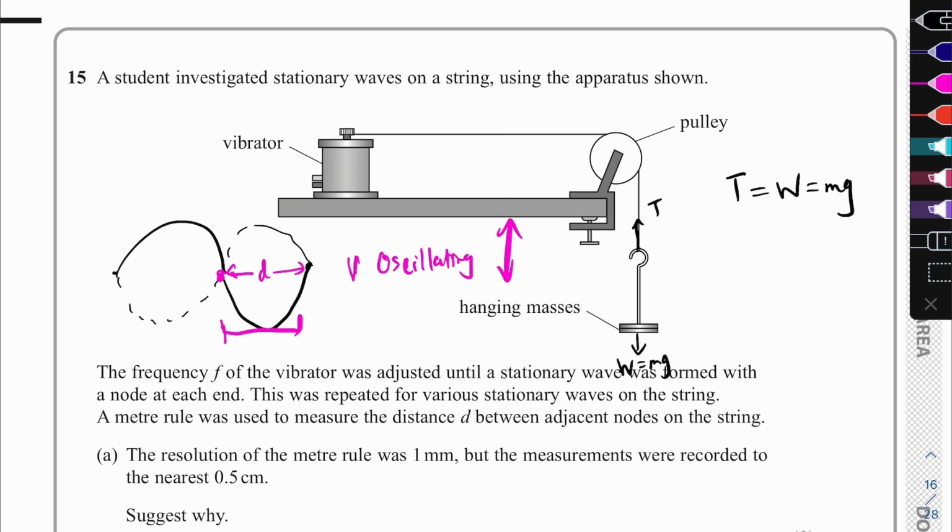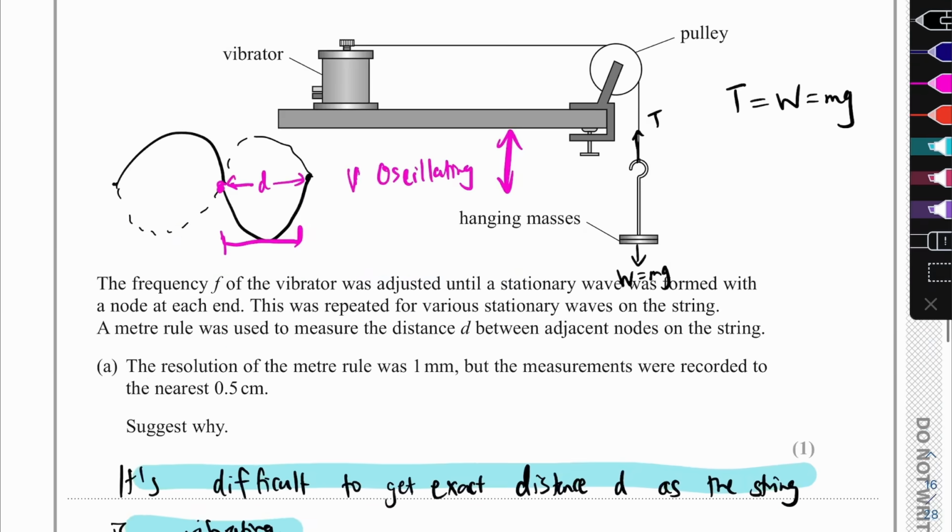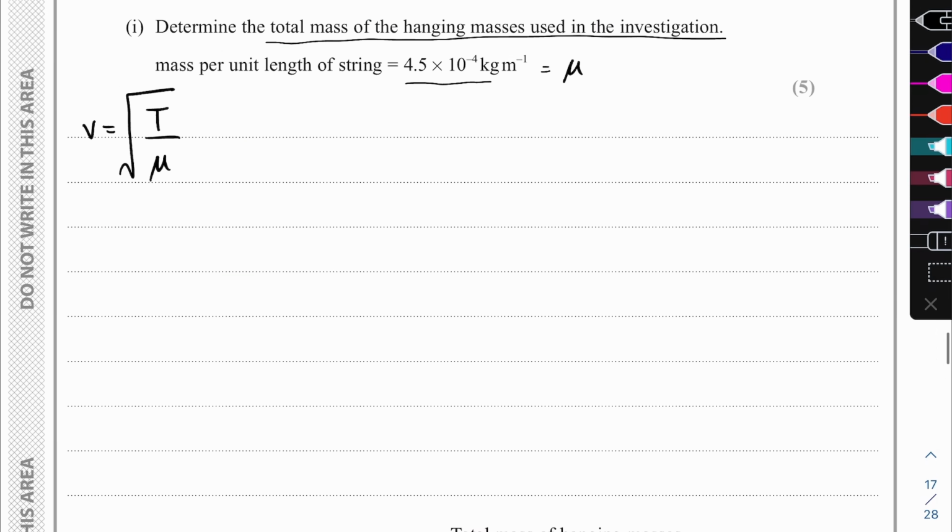So we can now find the mass if we rearrange to find T in the equation. We can say tension T is equal to the weight of the hanging masses.